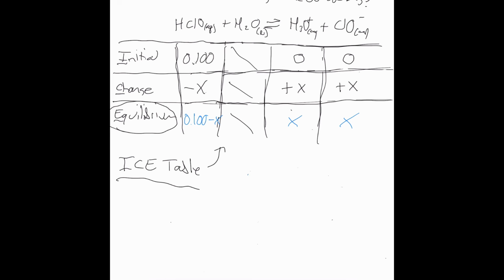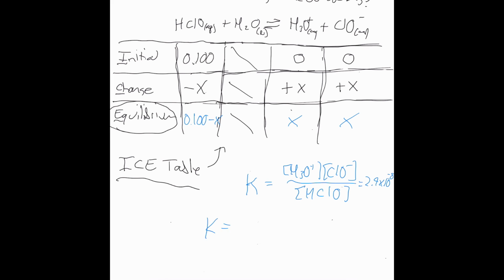Now, if we were to write the equilibrium constant expression, remember it's products at equilibrium over reactants. They're all 1-to-1, so there are no coefficients here. So it's H3O plus times ClO minus over HClO, equal to 2.9 times 10 to the minus 8, remember from the previous slide.